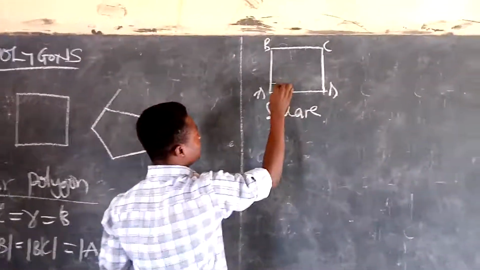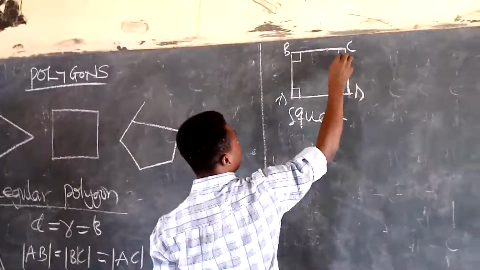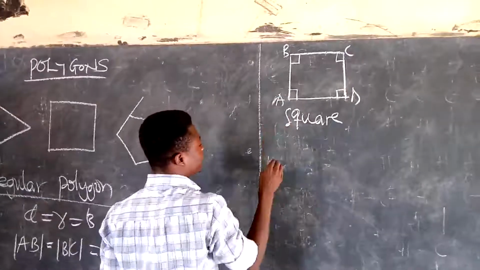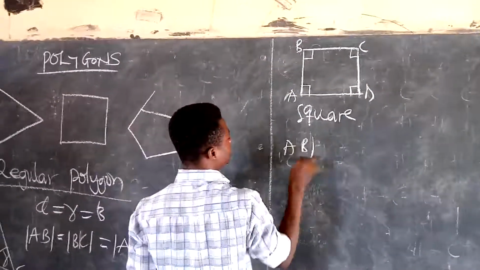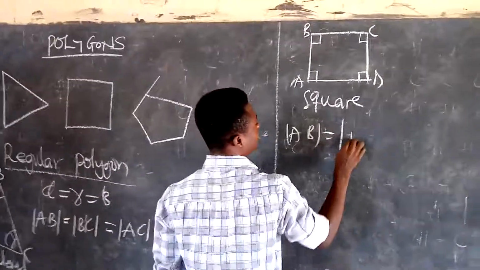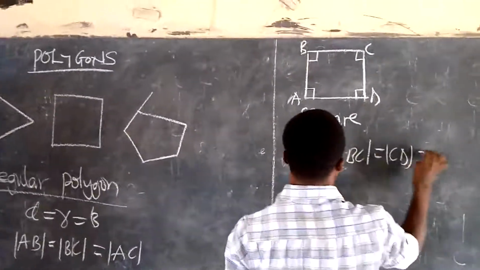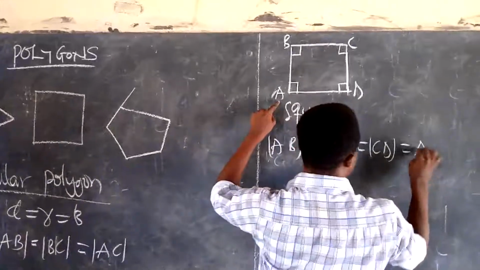Then the magnitude of AB should be equal to the magnitude of BC, and equal to the magnitude of CD, and equal to the magnitude of AD.